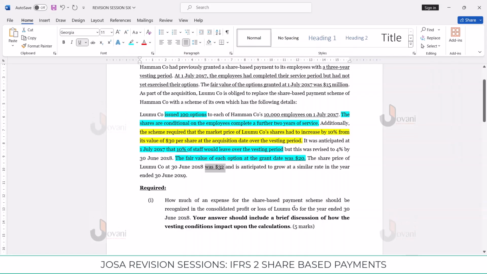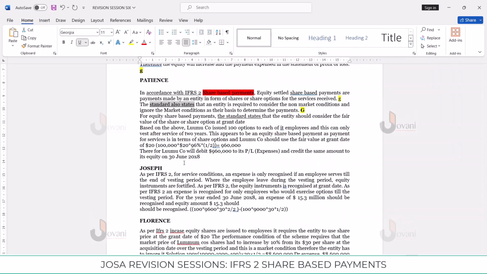So try to make use of your English. We are not making notes. We are drafting answers, drafting advice to finance directors. So just say in accordance with or as per. Don't mention the standard so much.